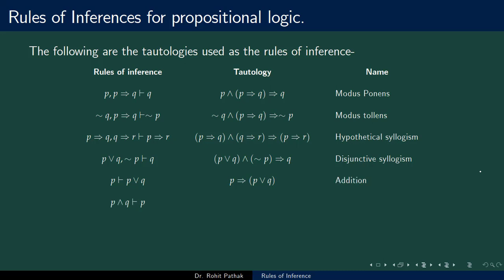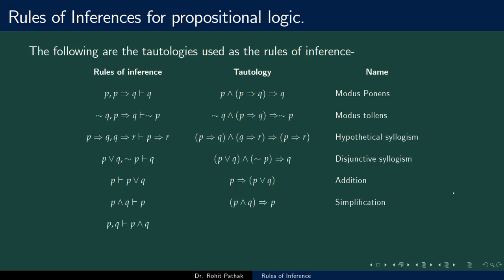P and Q give the conclusion P, so P and Q implies P is a tautology. This is called simplification. You can also get Q from here. If you write Q and P, then the conclusion will be Q.